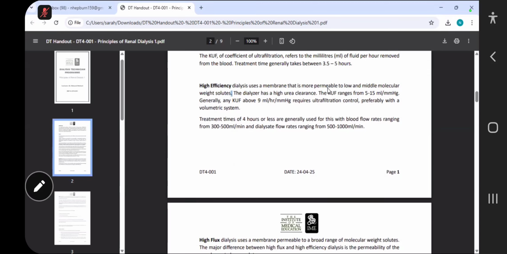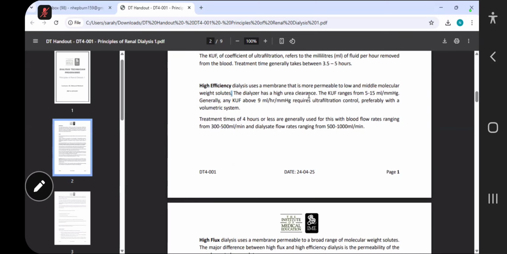If you want, you could add in that the KUF ranges from 5 to 15 mLs per hour per mmHg, or the KUF generally, and any KUF above 9 mLs per hour. You could add that in, but this will just be fine. High efficiency dialysis uses a membrane that is more permeable to low and middle molecular weight solutes.